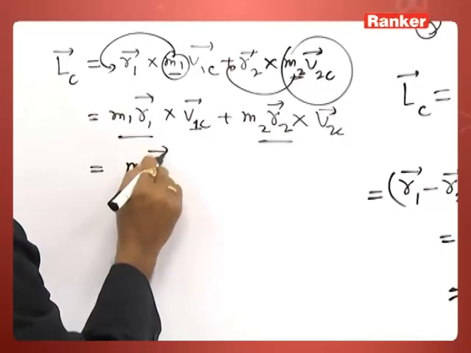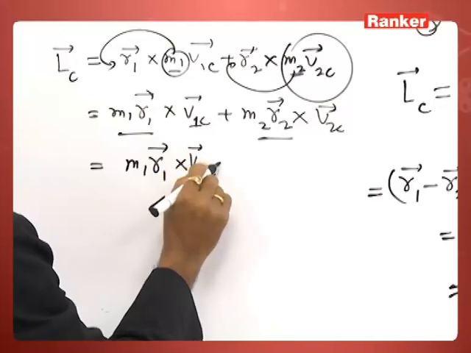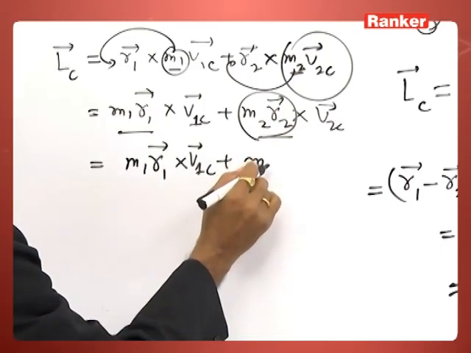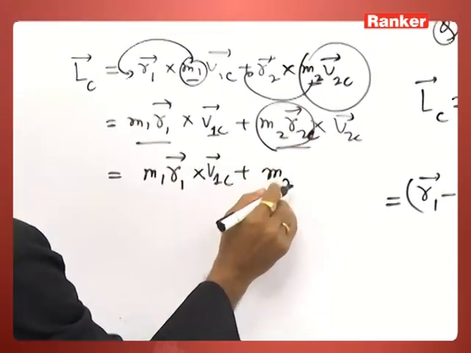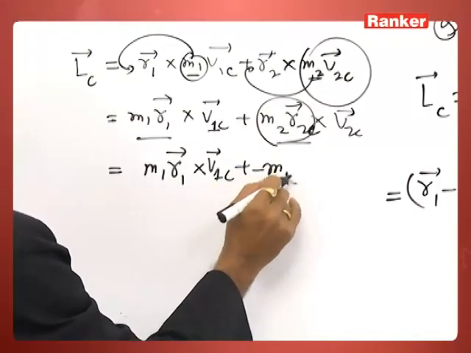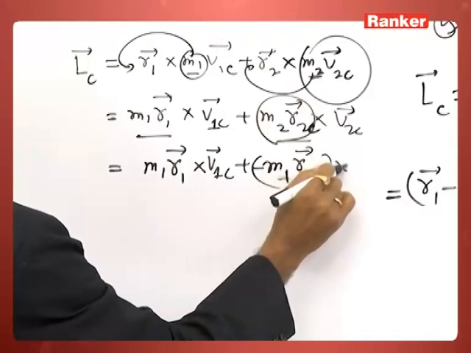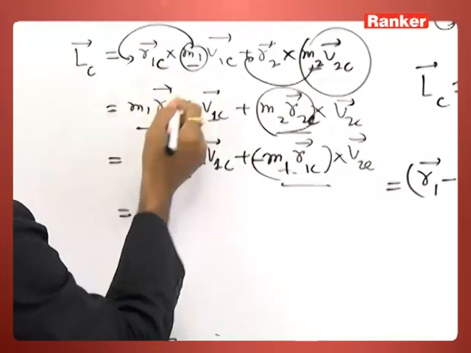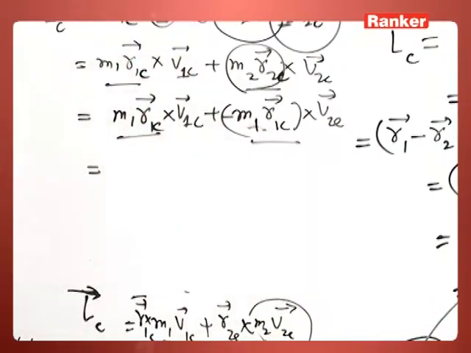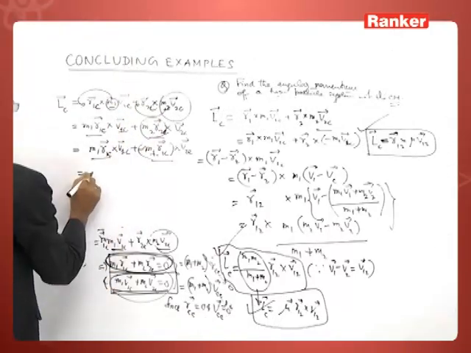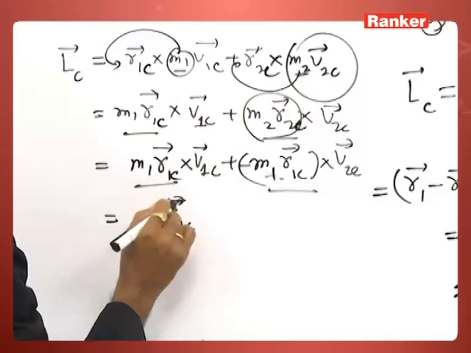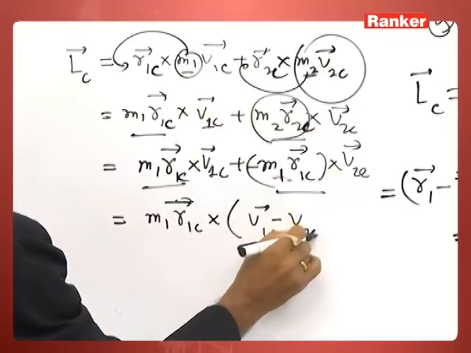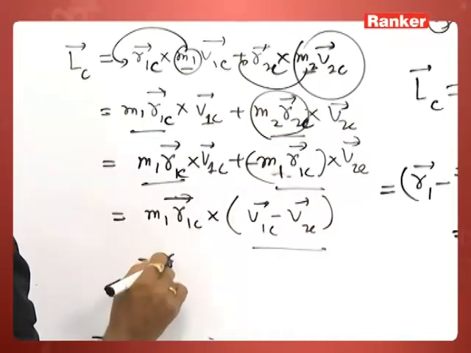If you want to keep m1 r1 as it is and change m2 r2, you can write m2 r2 is equal to minus m1 r1c cross v2c. m1 r1c can be taken common. You can take m1 r1c common cross v1c minus v2c.